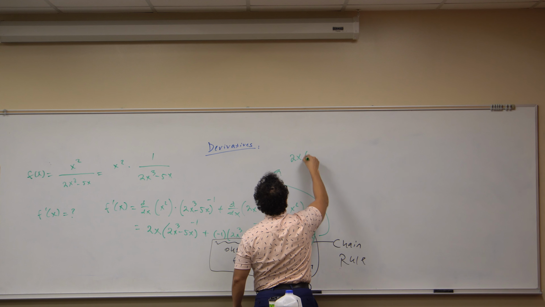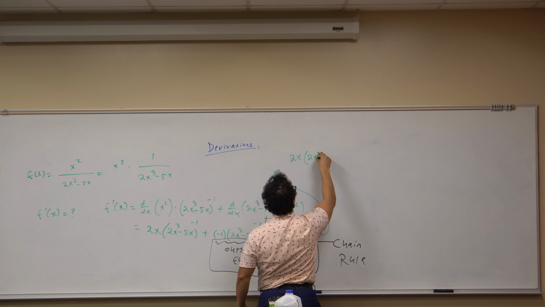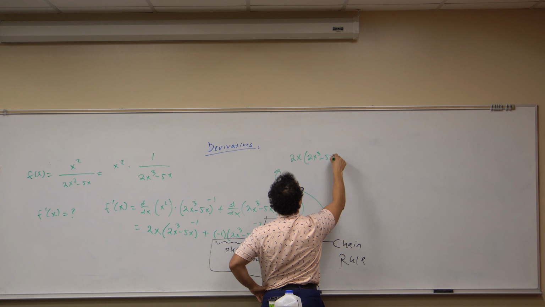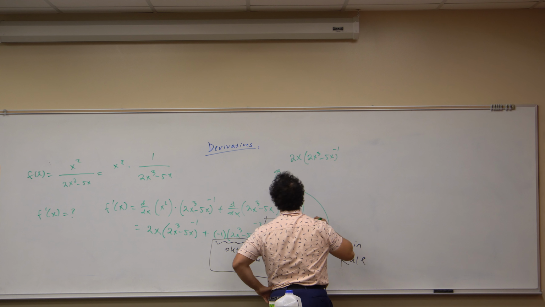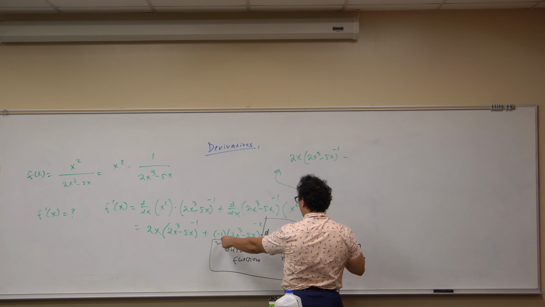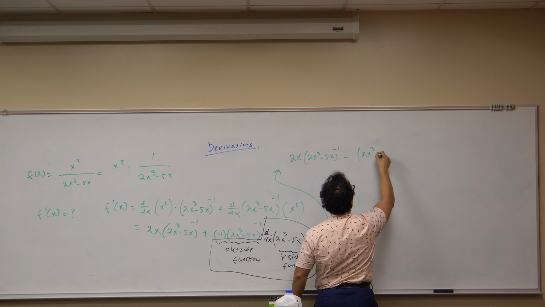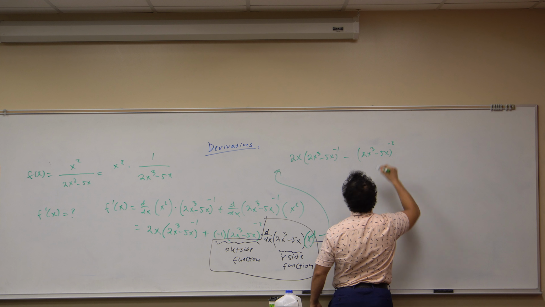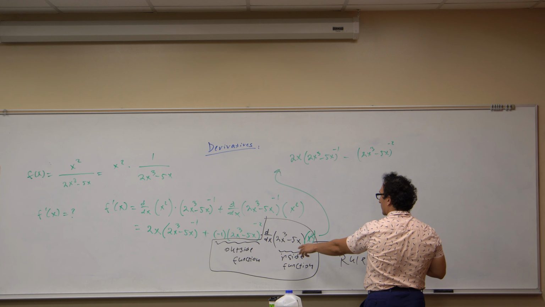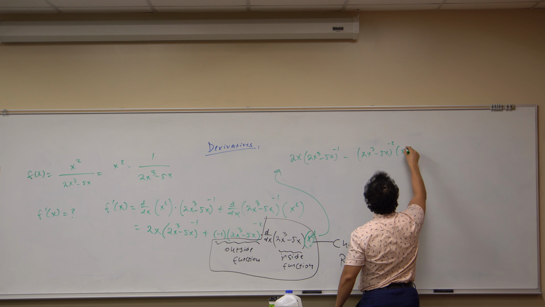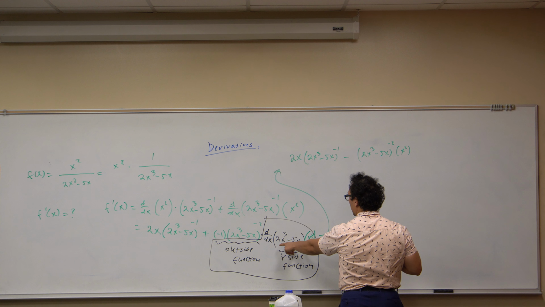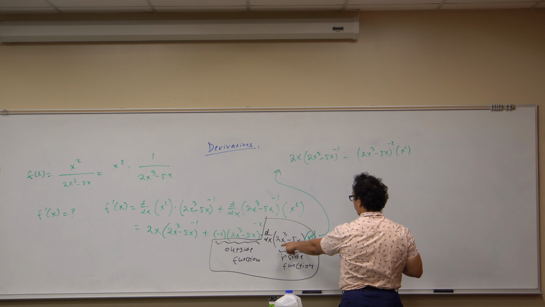I have 2x times 2x cubed minus 5x raised to the negative 1 power minus, because it's negative 1, 2x cubed minus 5x raised to the negative 2 times this x squared times d dx of 2x cubed minus 5x.